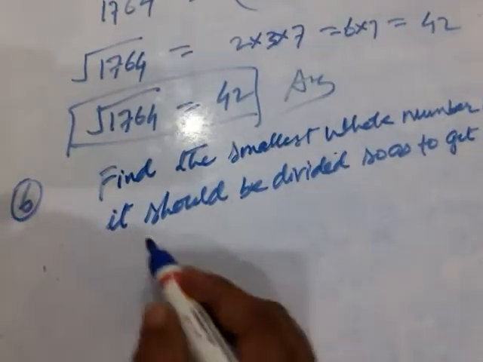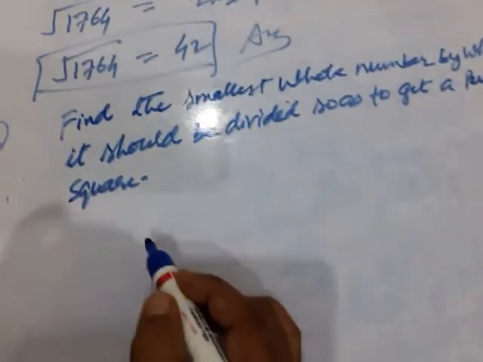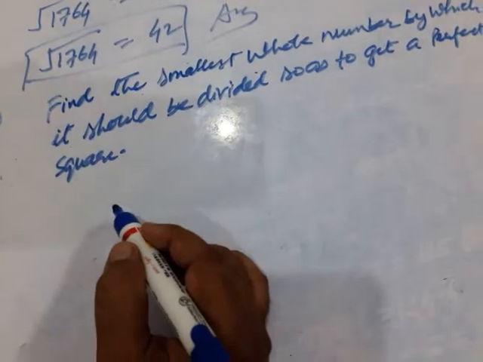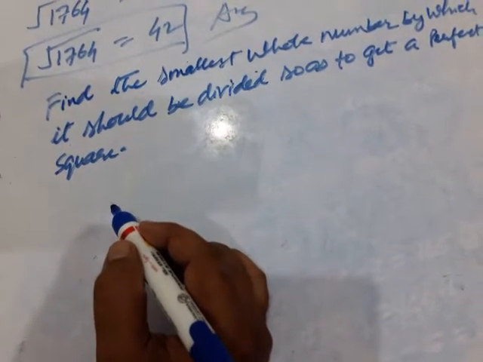Okay children, what else is there? Also find the square root of the square number so obtained.